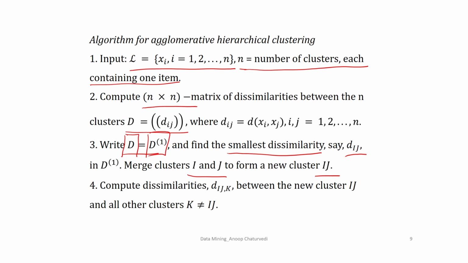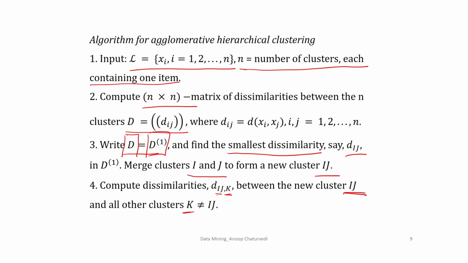Then we again compute dissimilarities D_IJ,K between this new cluster IJ and all other clusters K, where K is not equal to IJ.